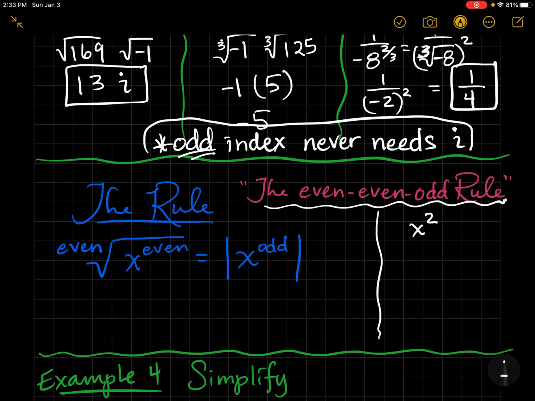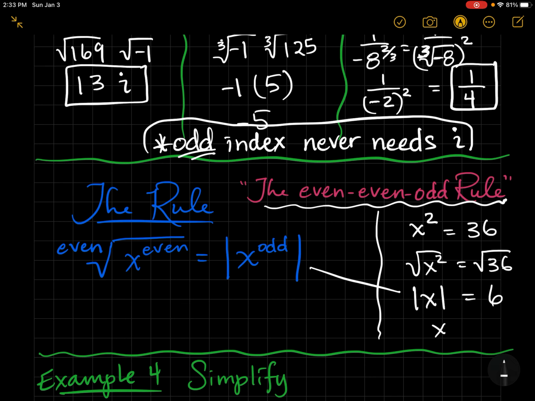Let's say we had x squared equals 36. And when we took the square root of both sides, the square root of x squared, I always said, remember, when you have a square and a square root, it's absolute value of x. Well, this rule is the reason why we had to go absolute value.